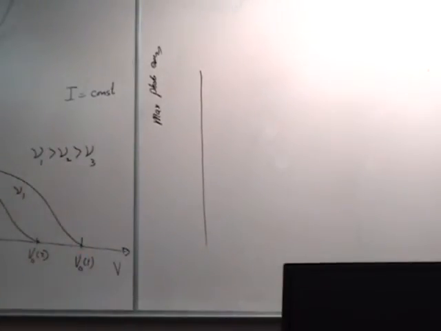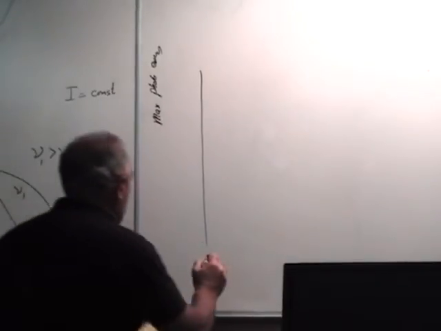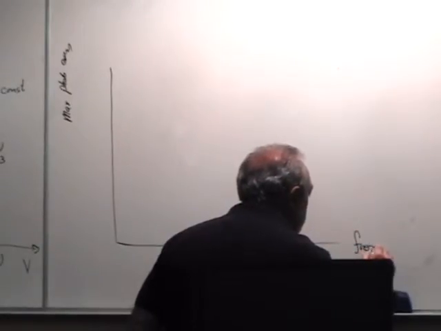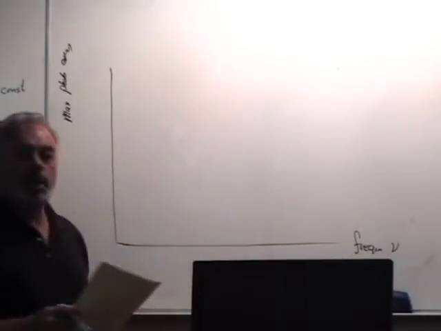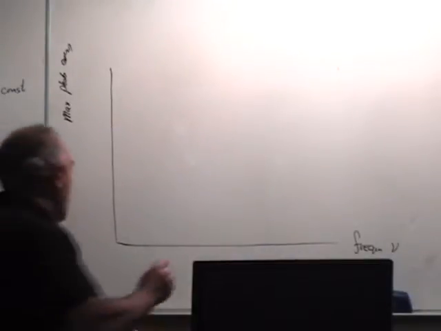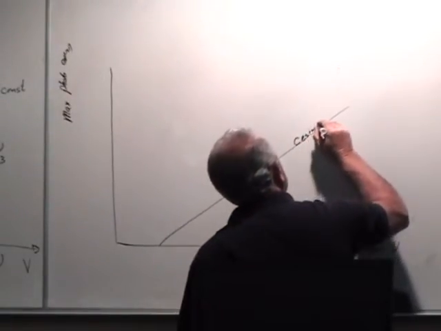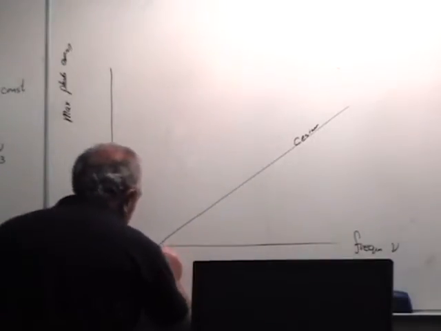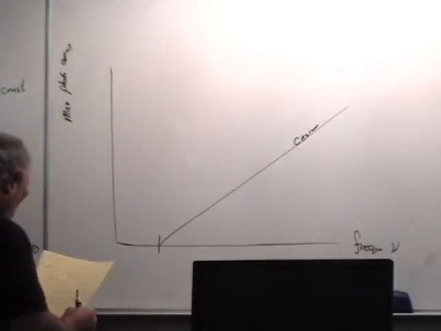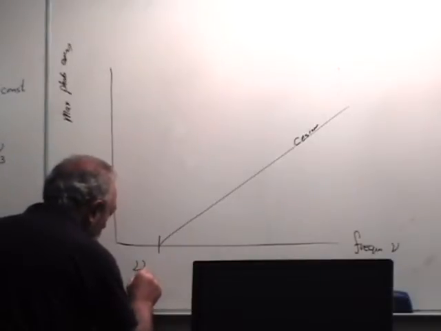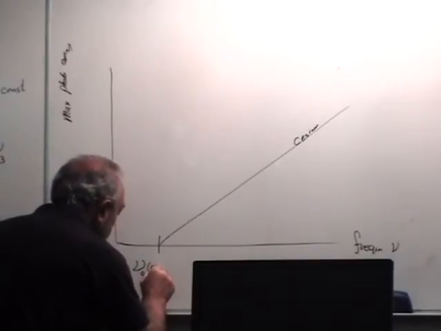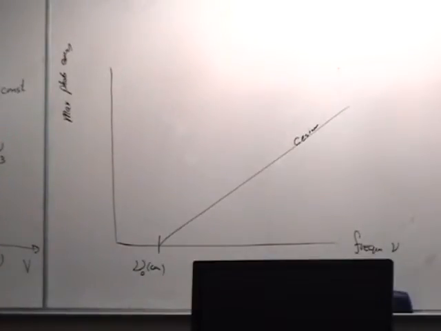The horizontal axis is going to be frequency, nu, and we're going to do one experiment, actually using cesium, and we get a nice straight line like this. This is supposed to be a straight line right down here to what I'm going to call nu naught cesium. So it's a nice linear relationship.